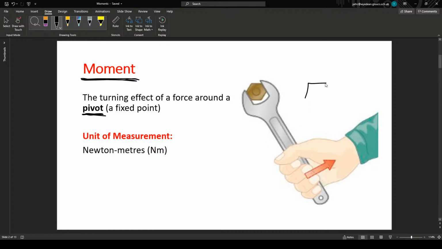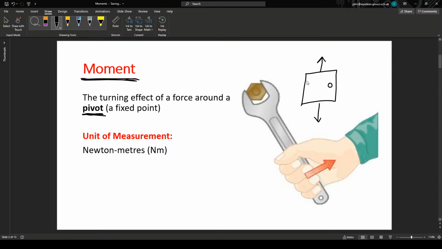Because if you imagine a door that is not fixed at hinges, and we were to pull on this door, the door would just move forward, the entire thing. Same if we pushed it back, the entire door would move back.